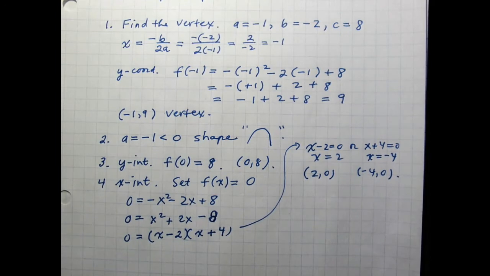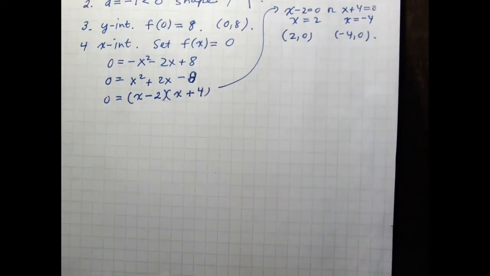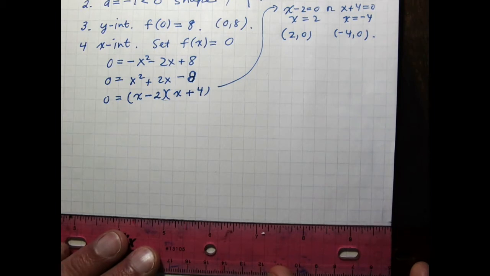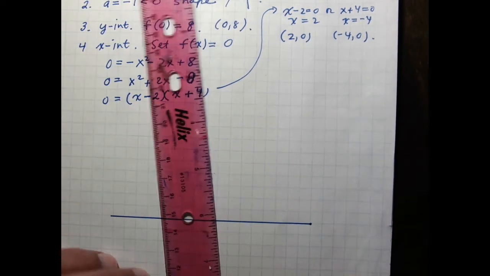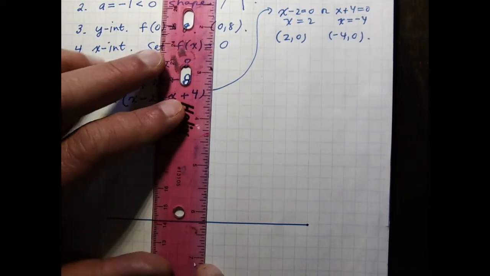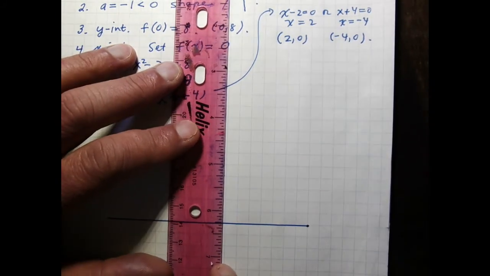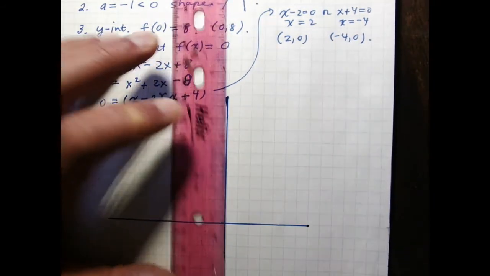So I got a vertex, a y-intercept, and some x-intercepts to plot. Let's set up a graph grid here. I'm going to use a sheet of graph paper. And I'm going to make each square worth just 1 for this graph.